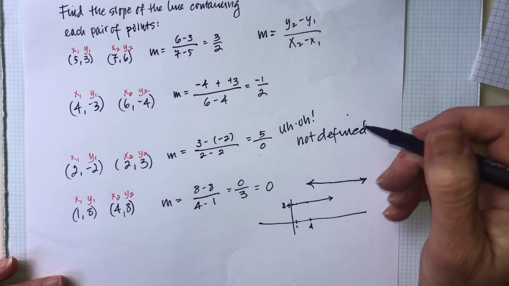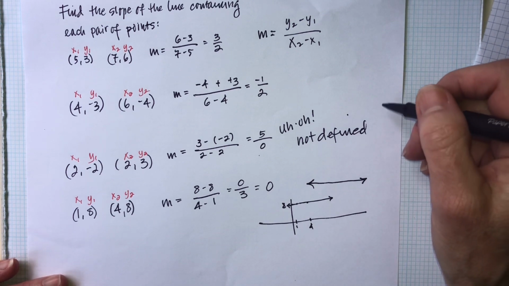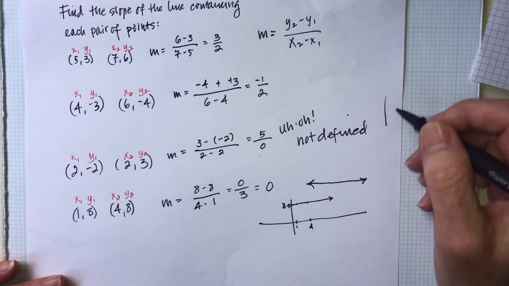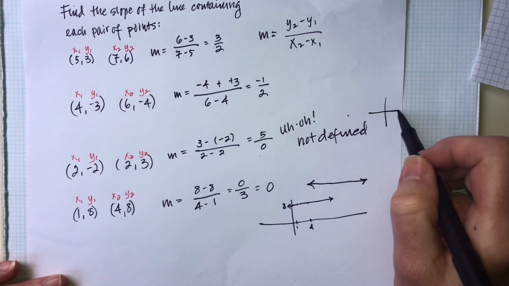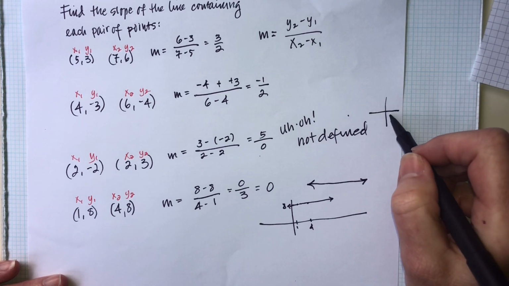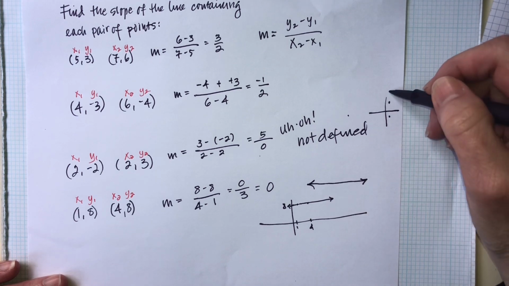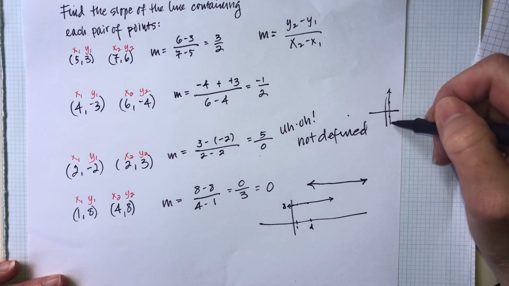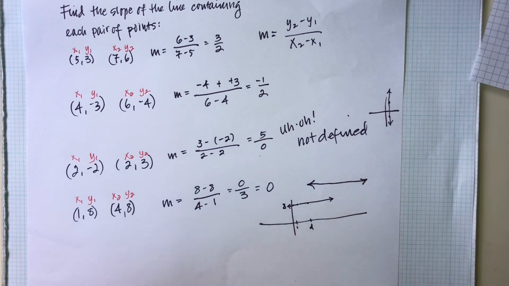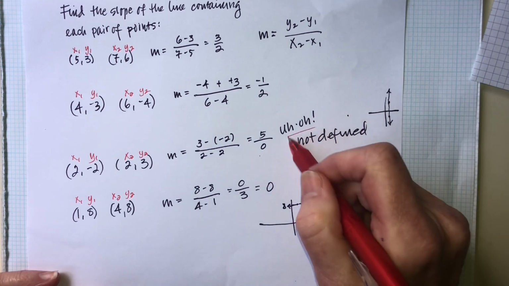But over here, if we have this case, am I still on screen? Okay, good. If we have 2, negative 2 would be about there, and then the point 2, 3 would be about there. That's going to be a vertical line. So for vertical lines, we say the slope is not defined.